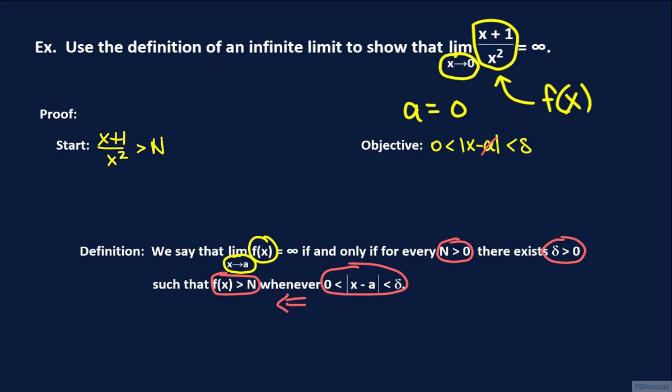And since a is 0, we should get 0 is less than the absolute value of x is less than delta.